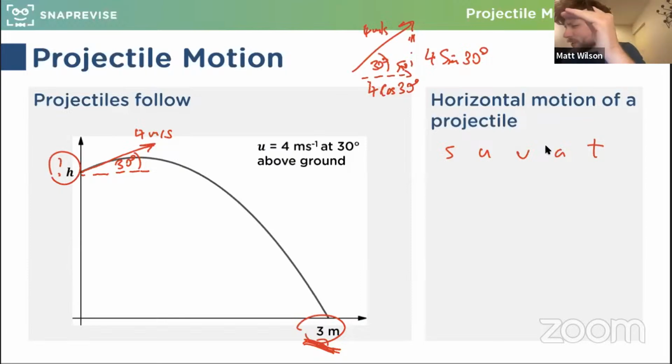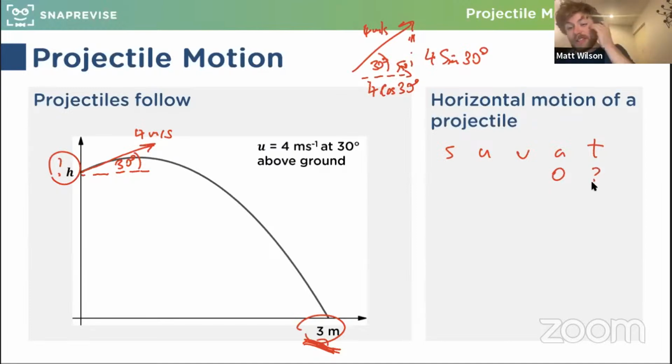But what about the horizontal acceleration? We fired it horizontally. Is it accelerating horizontally? In the absence of air resistance, the answer here is always no. So the acceleration is 0.